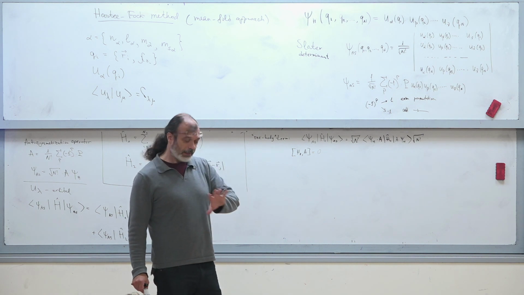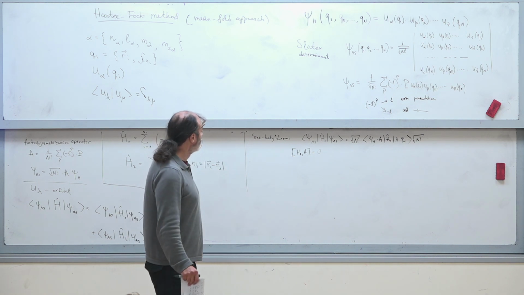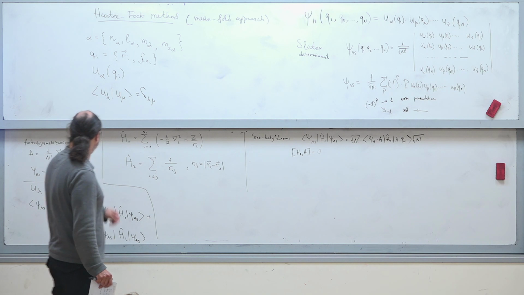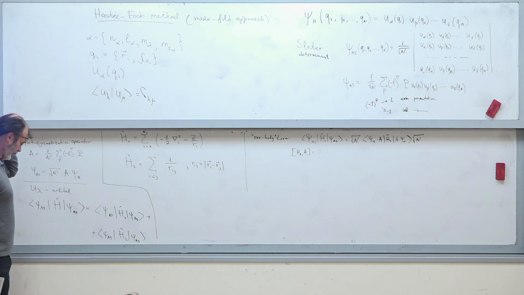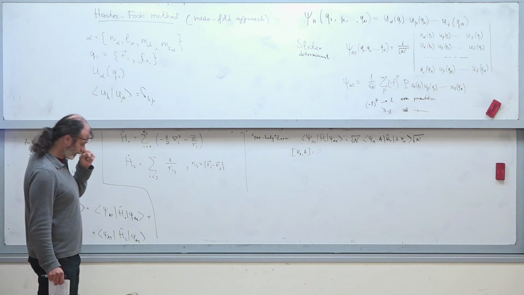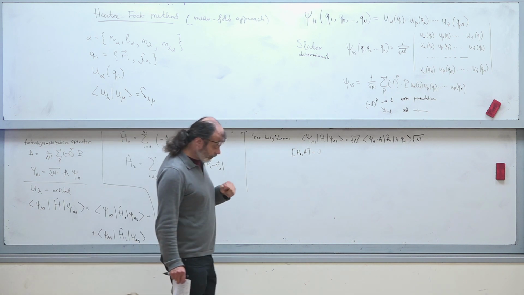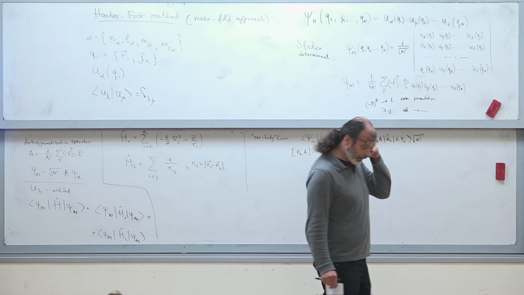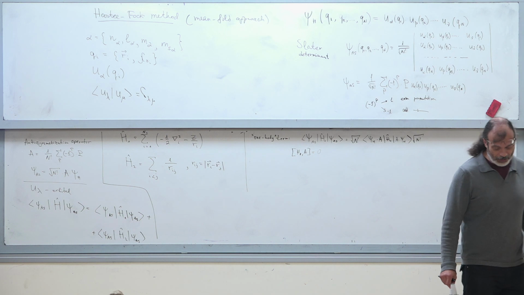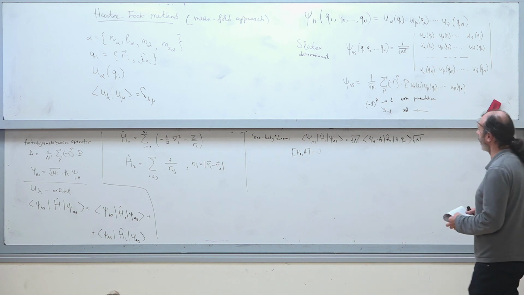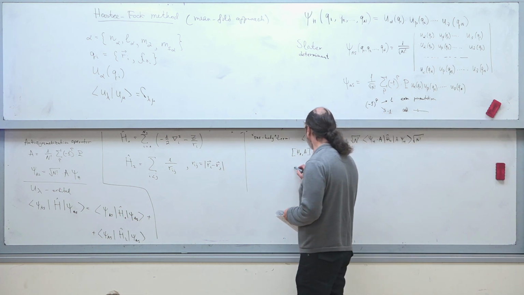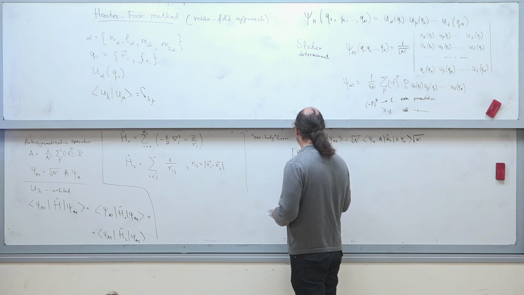A is the exchange operator, which makes the permutation. If I do it twice, it's also the same: A squared is equal to A. That's essentially the statement.